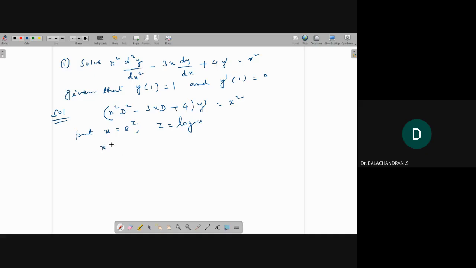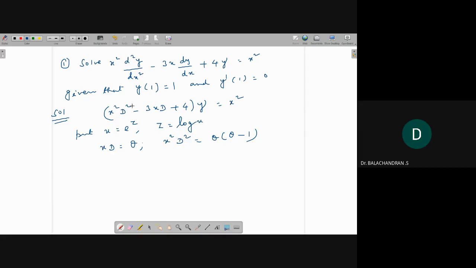So xD equal to theta, and x square D square equal to theta into theta minus 1.